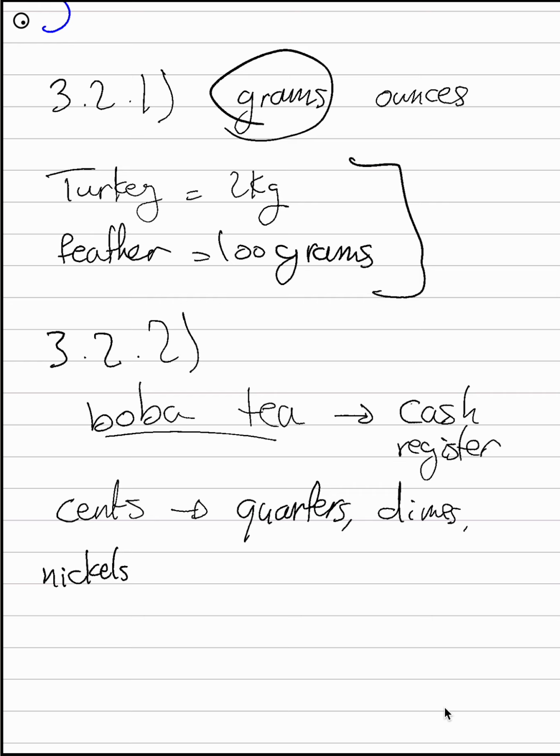So let me actually clarify these because not everyone is in the US and not everyone is familiar with these. So quarters are equal to 25 cents. Dimes are equal to 10 cents. Nickels are equal to 5 cents. And pennies or cents are equal to 1 cent. Exactly.